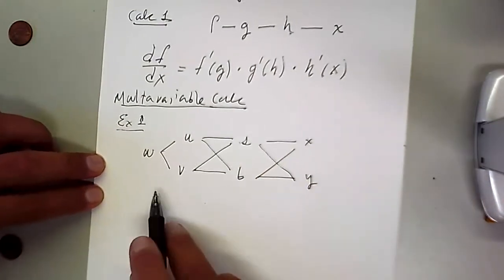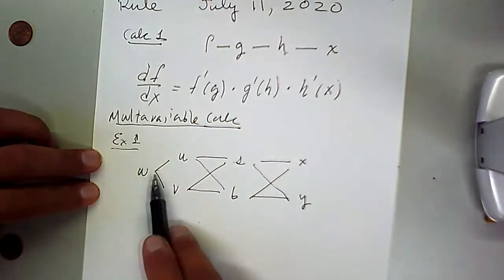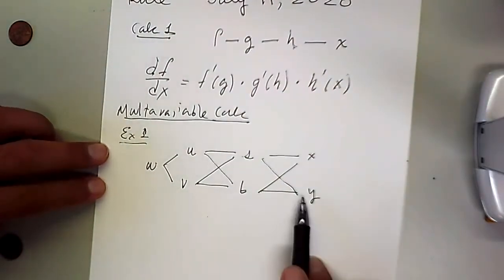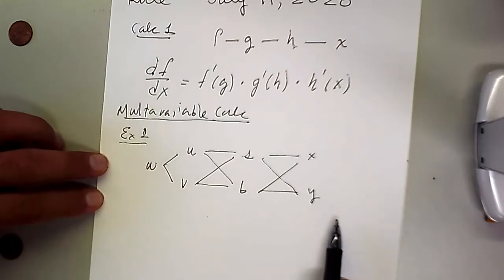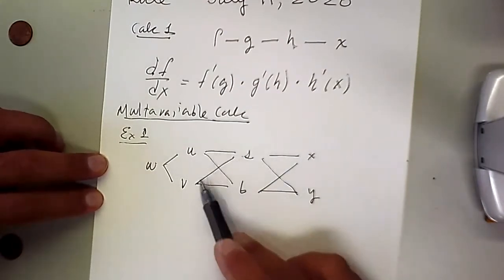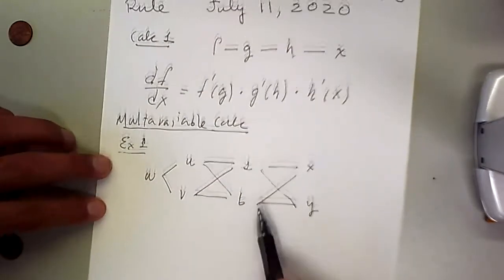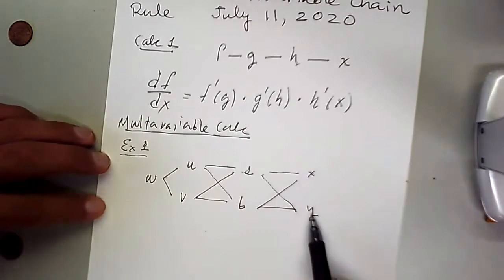So we have the same depth of chain, but now we've got more functions going on, and the interrelation between the functions is more complex.